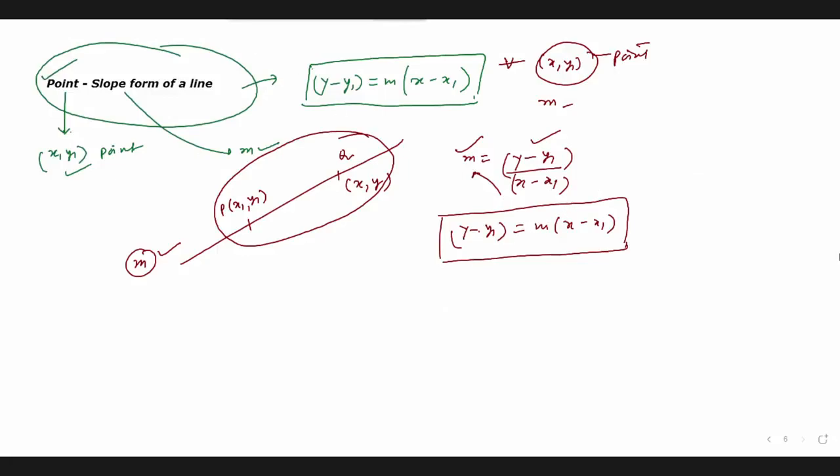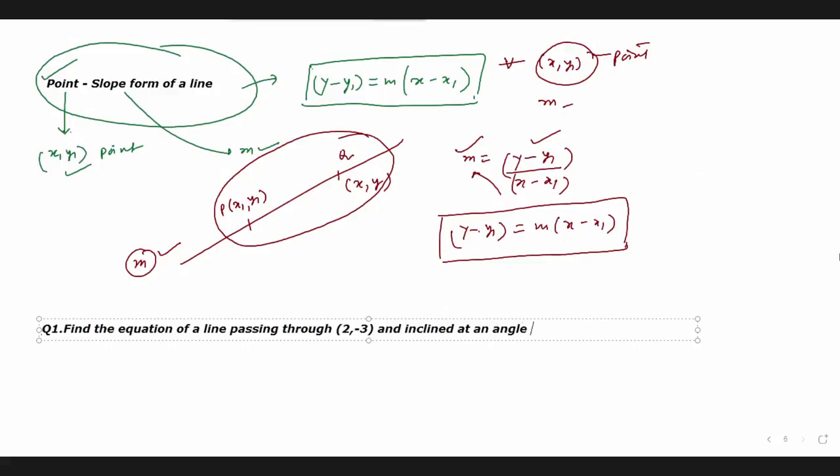So let us do a question related to it, the point slope form of a line. So y minus y1 equals m times (x minus x1) is the required equation. So find the equation of a line passing through (2, -3), inclined at an angle of 135 degrees with the positive direction of the x-axis.